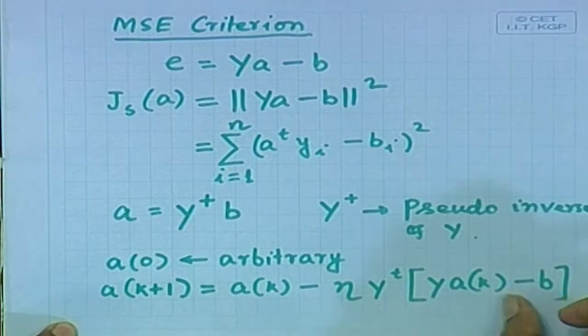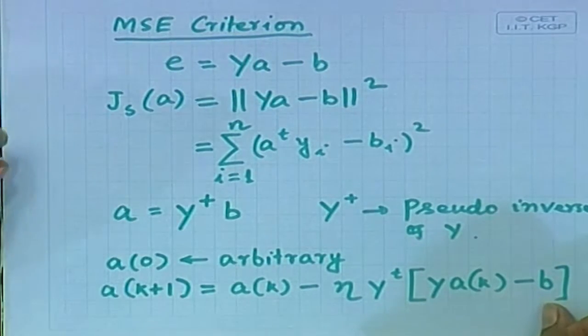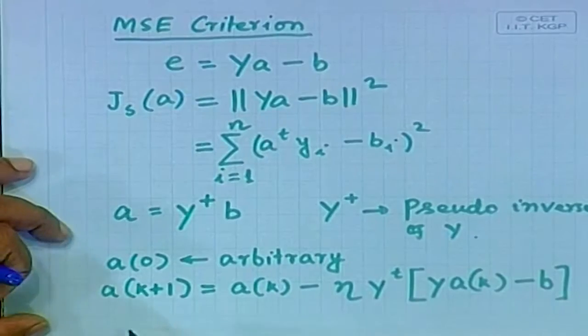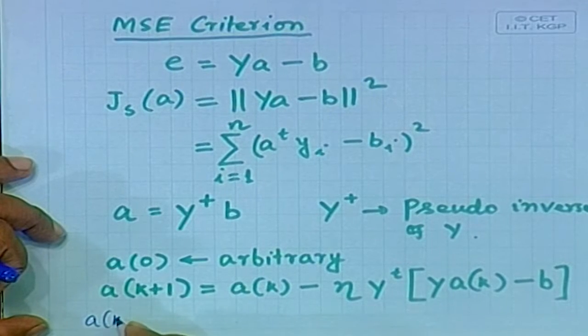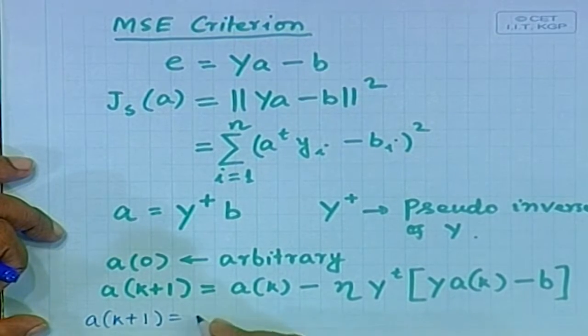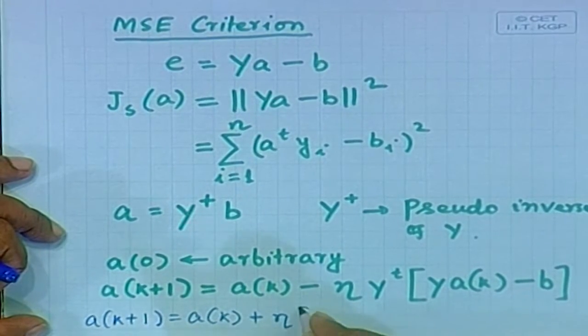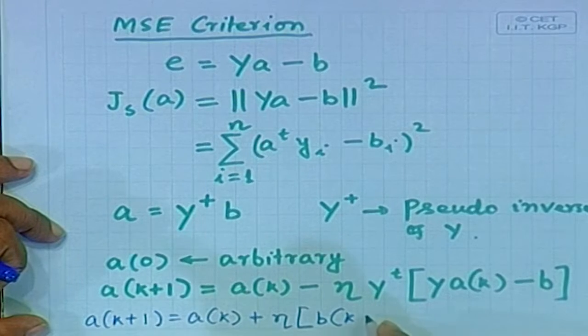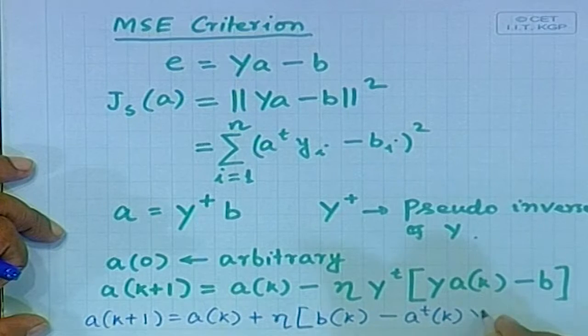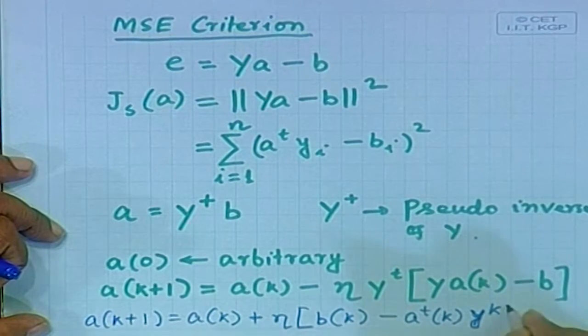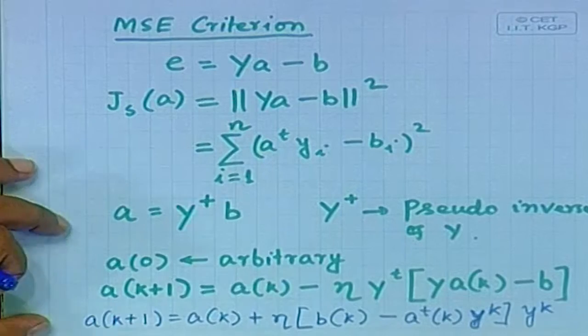So, we can also have, in the same manner, a sequential version of this iterative algorithm, and in the sequential version the iteration step will be modified as a(k+1) is equal to a(k) plus eta times (b(k) minus a(k) transpose Y(k)) into Y(k).